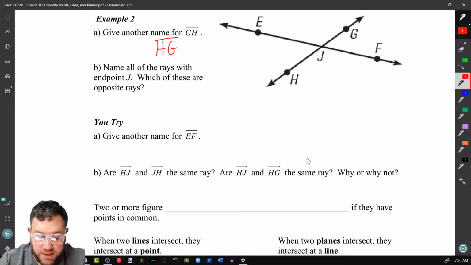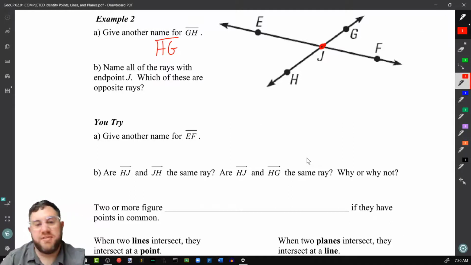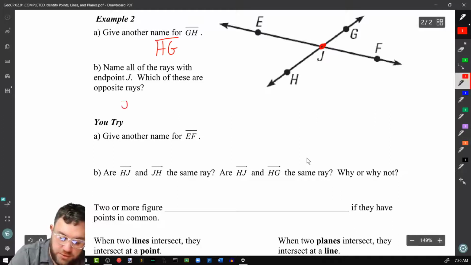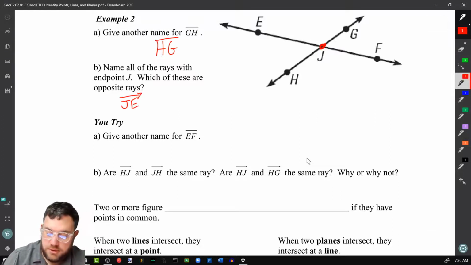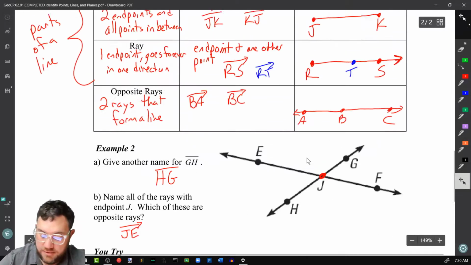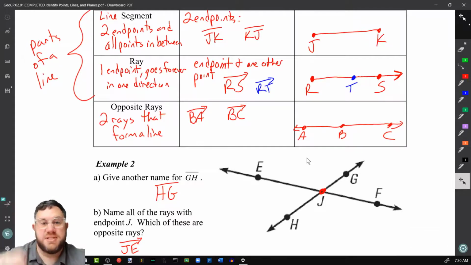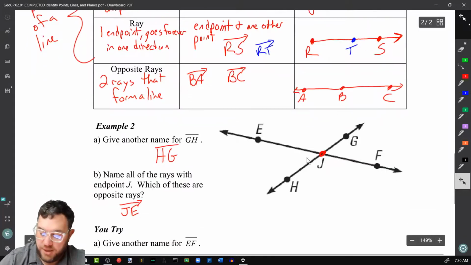For B, name all the rays with endpoint J. Well, here's point J. So from there, how many different directions can we go? Well, we can do JE. And I don't remember if I mentioned this, but when you're naming a ray, you put a ray over it. So line, put a line over it. Segment, put a segment over it. Ray, put a ray over it.